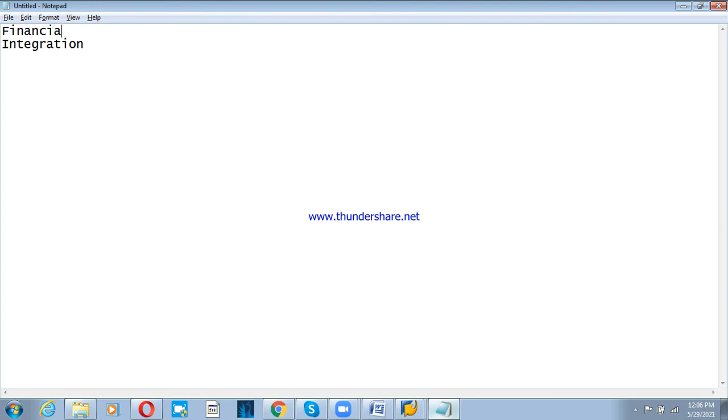There we did GL, then accounts receivable, then accounts payable. All these things we created under financial accounting only, right? Now we'll move to integration.